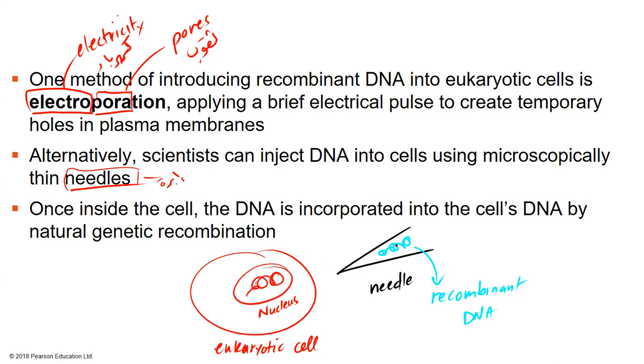So now this needle can inject the cell, or can be used to inject this DNA into the nucleus. So we have something like this, the needle, and the DNA will be inserted into the nucleus. And then genetic recombination will ensure that this DNA will be incorporated into the DNA inside the nucleus. Okay?